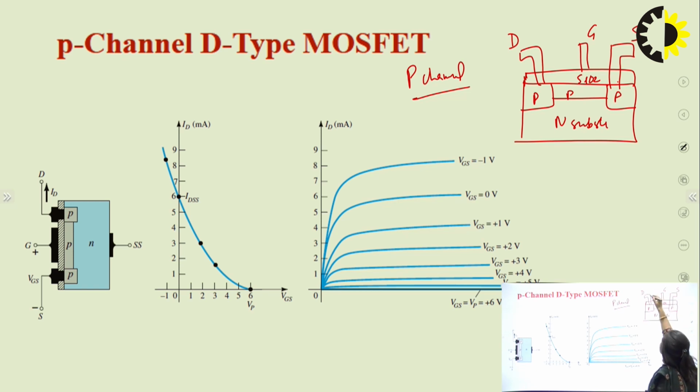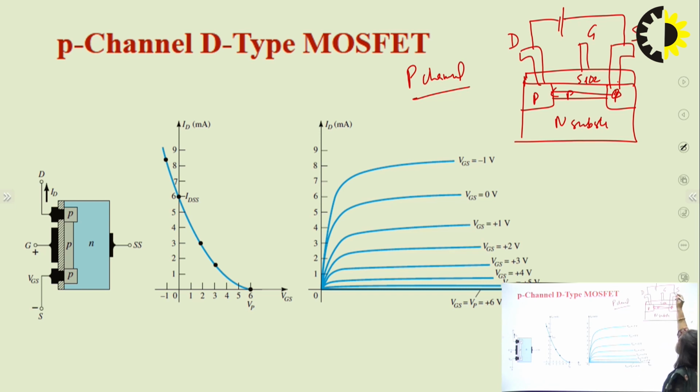So we have to connect the source with the positive supply, so that holes may be repelled from this part and they can move towards this part and current will be flowing. Now we have to connect the VGS. So we can connect the VGS in two ways, so that it may be operating in the depletion mode or it may be operating in the enhancement mode.